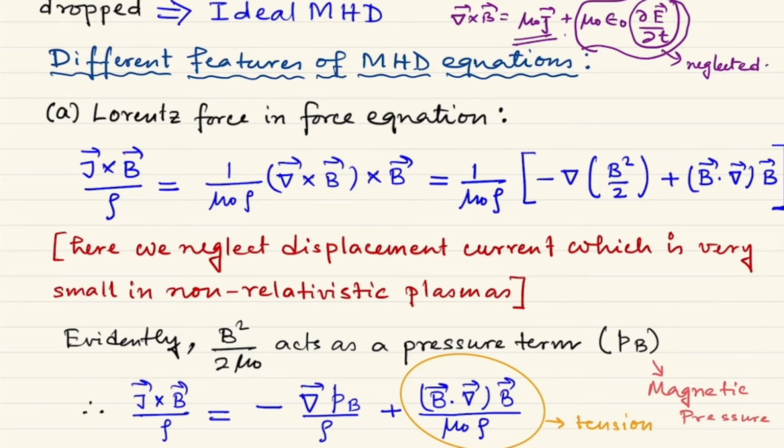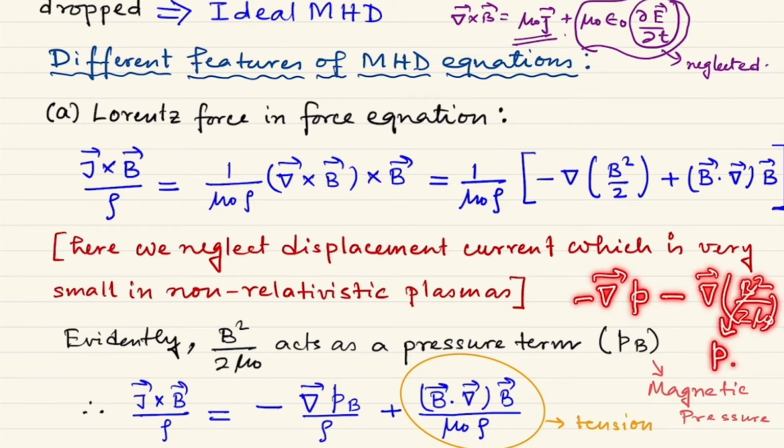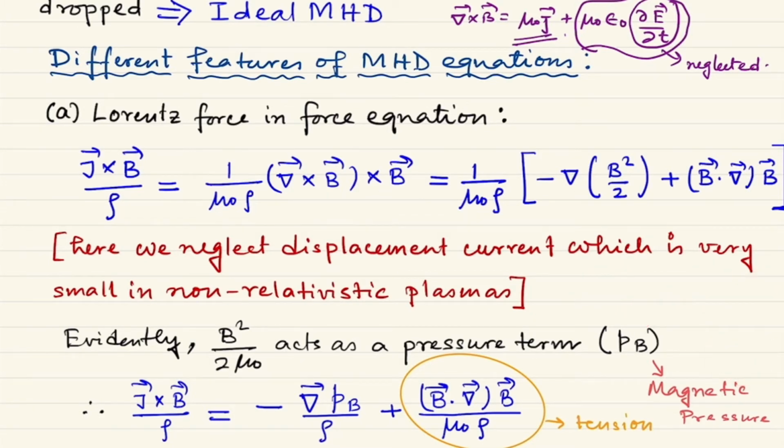And what happens then in the total equation, you will have two terms, one is like this and another will be like this, B square by 2 mu 0, which is nothing but pb. So the total pressure will be p plus pb. It's an effective pressure. So you see that this writing style gives us several significances of this whole expression.